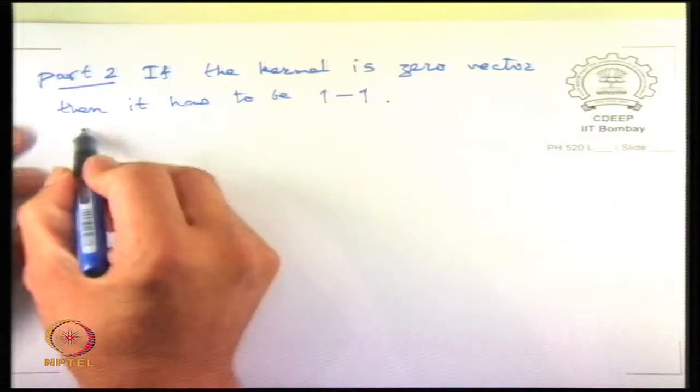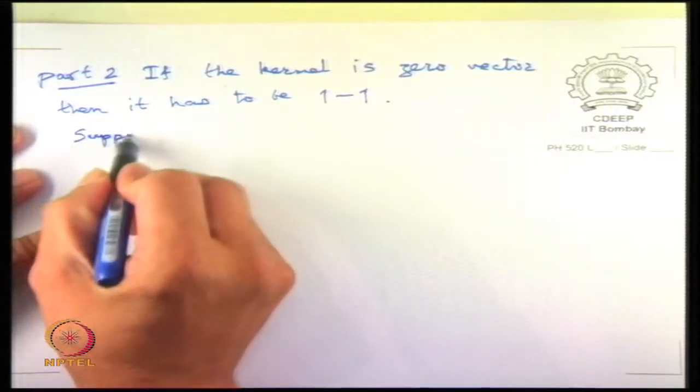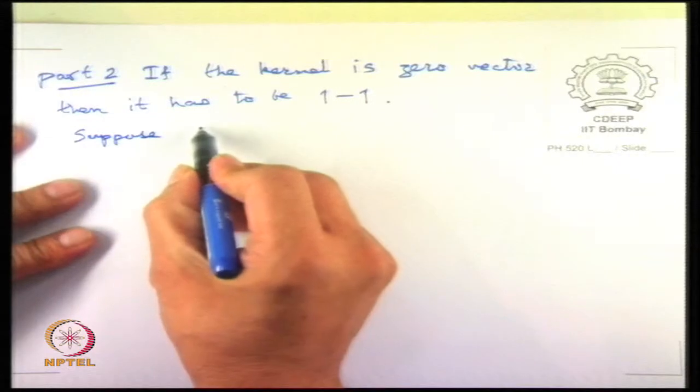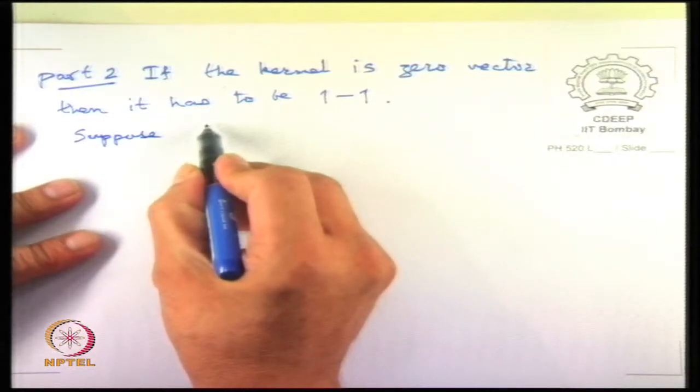So, suppose it maps two different vectors into the same image.